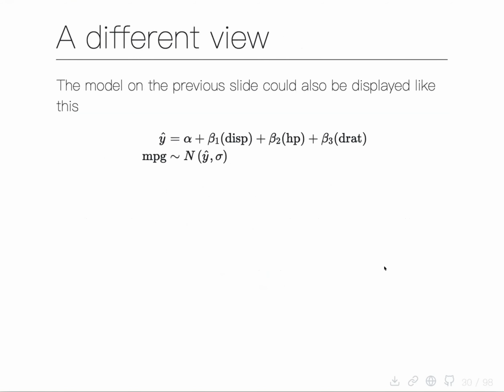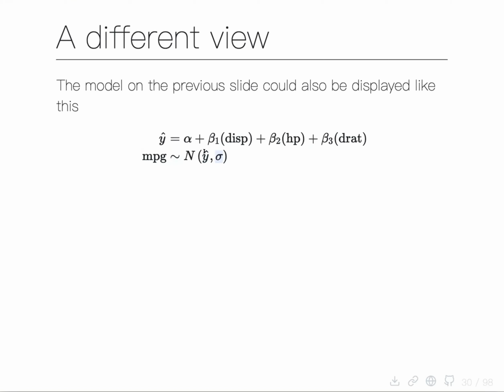A different view of the same model would be to display it like this, right? So we have y hat, which is given by all of this, and that actually gives us our mean for this thing, okay? So now we're saying our outcome, MPG, our miles per gallon, is assumed distributed normally with some mean structure y hat and some variance that we're going to estimate.